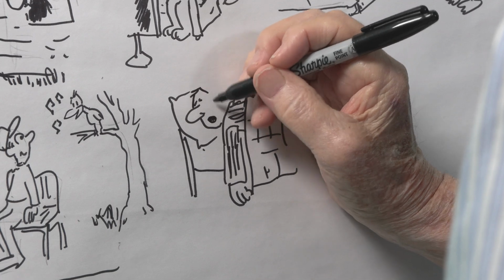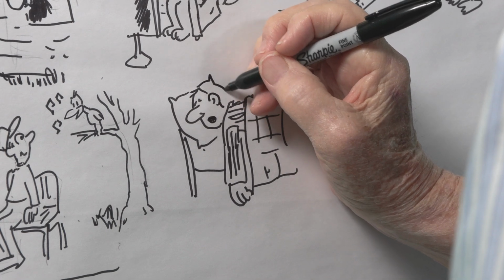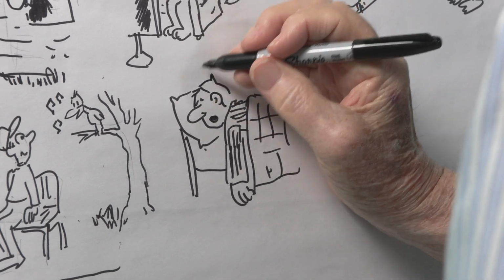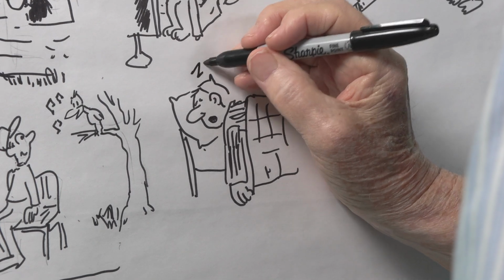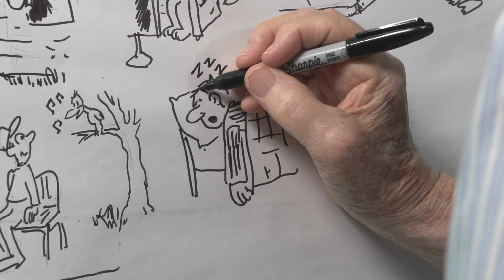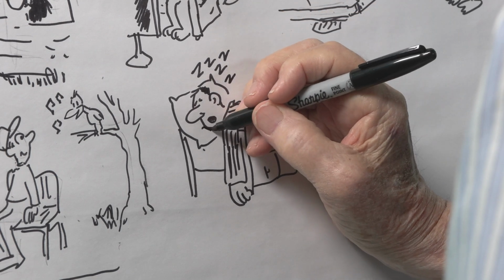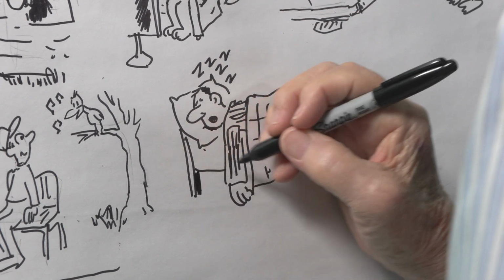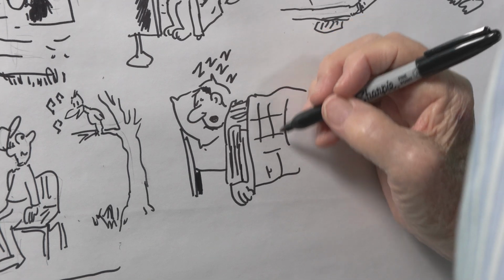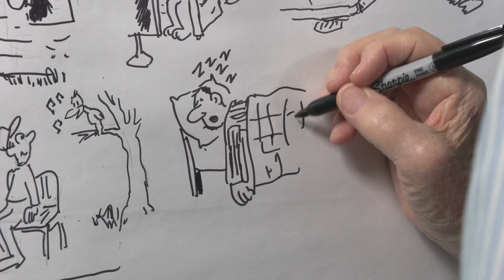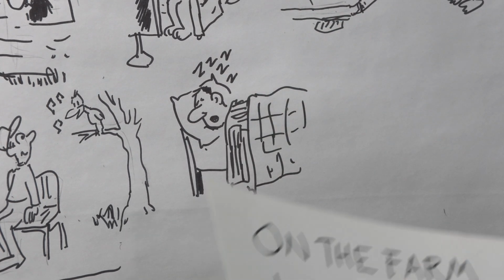And he's completely zonked out, as you might say. In case there's any doubt about what he's doing, the Z's, I can tell you he is really snoring peacefully, I reckon, in his bed.